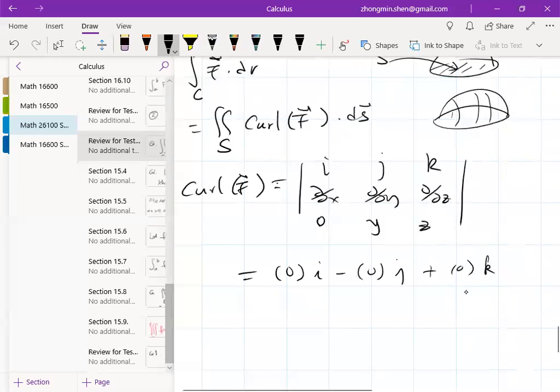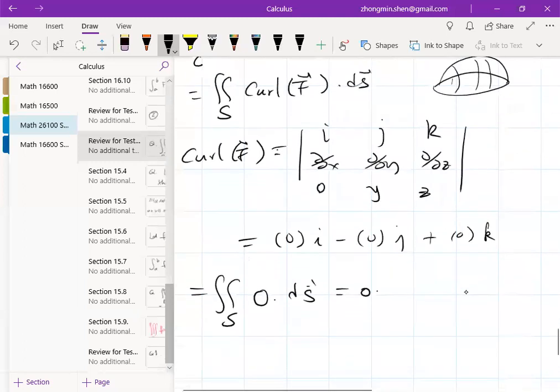Okay, the curl is going to be 0, right? Then therefore it doesn't matter which surface you're going to use. Otherwise I choose that surface.